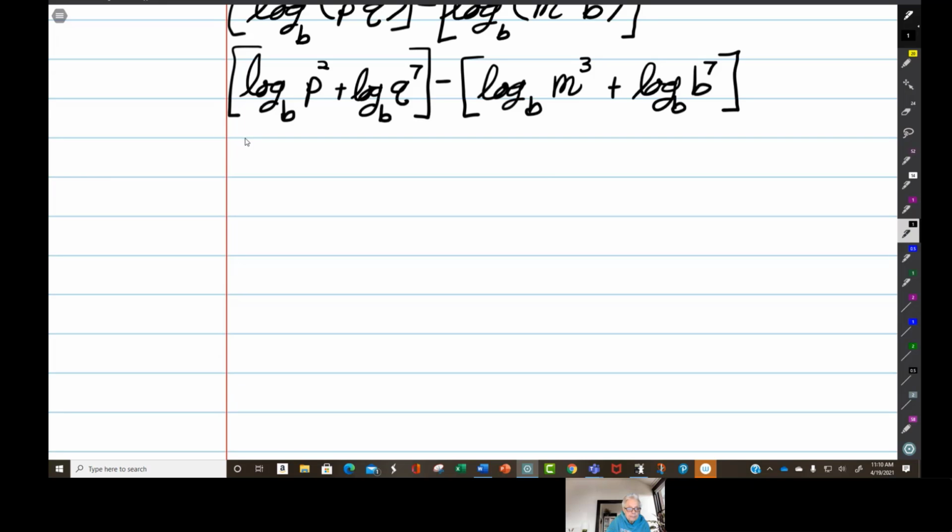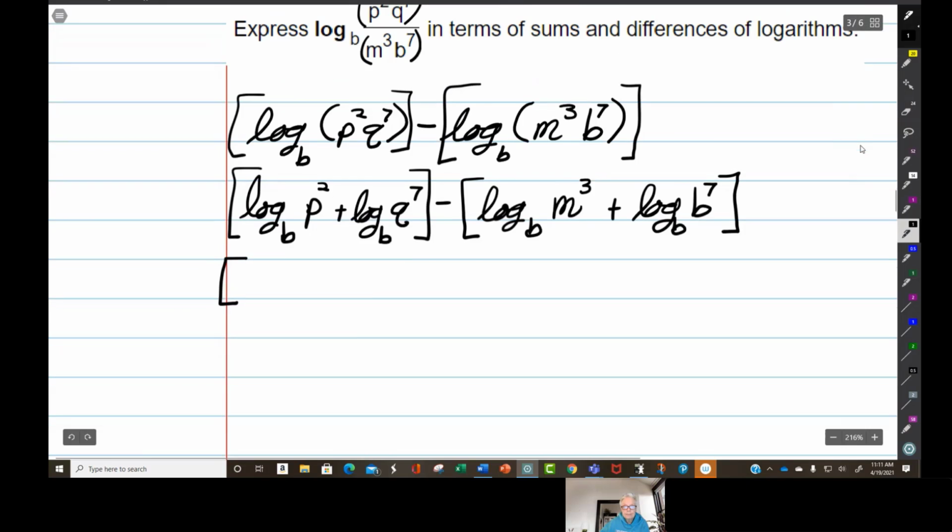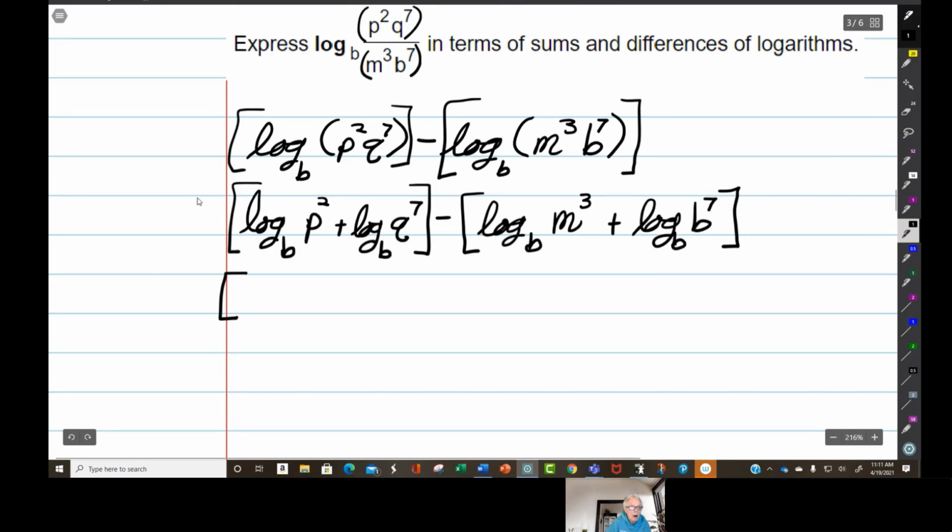Okay. I didn't write down the rules I'm using. All right, this is the quotient rule. And here we're using the product rule.